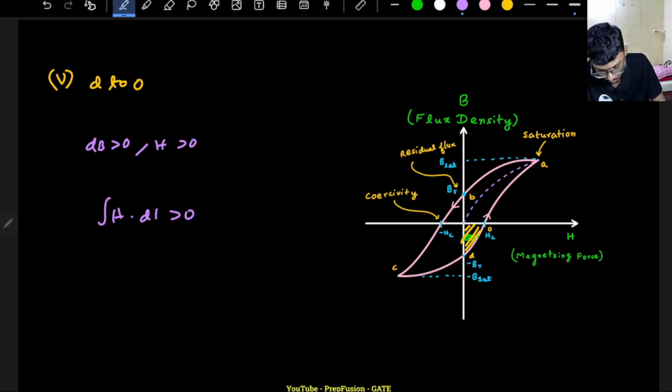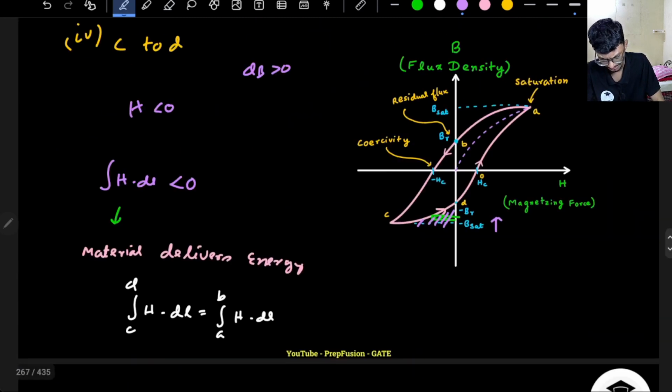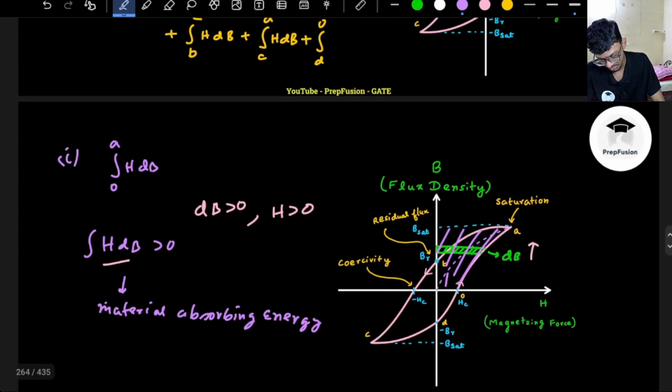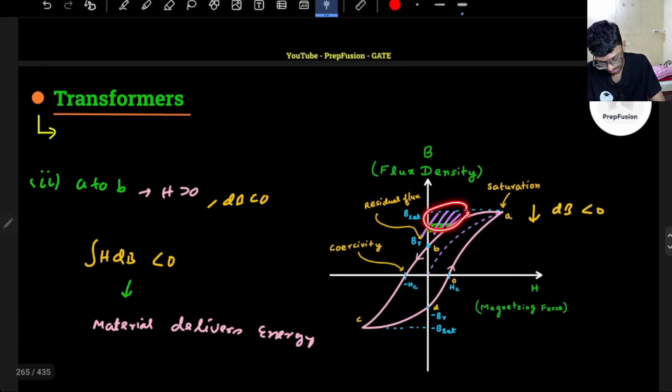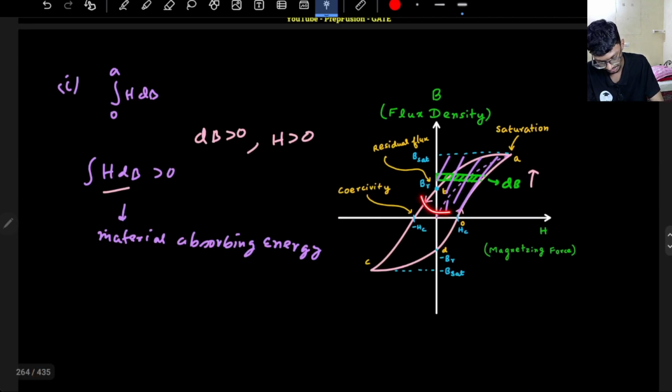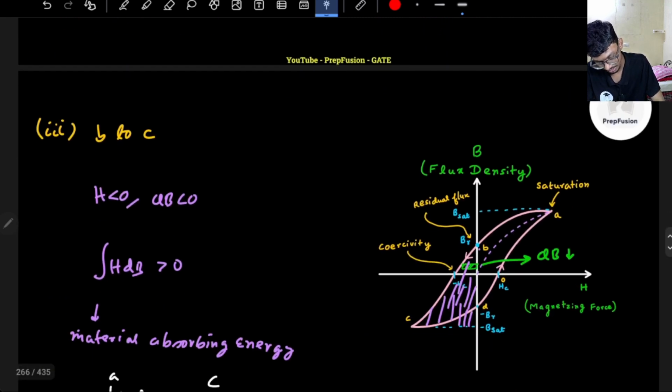Now the important point to note here is what is happening. If you observe, in case 1, this was the whole area, in case 2, this was the area and it is actually negative. So I am subtracting this area from this whole area. So how much will the resultant area be? This area, correct, this area. Same thing is happening in case 3.